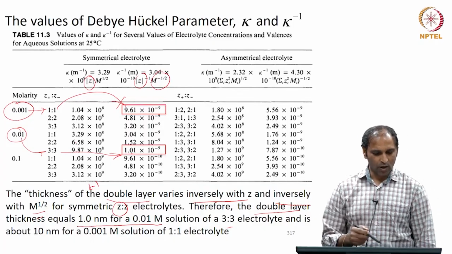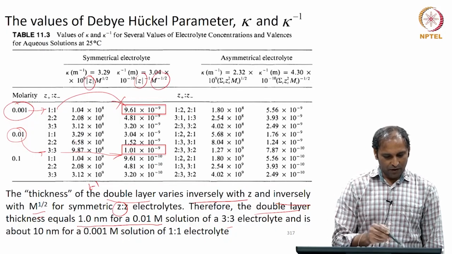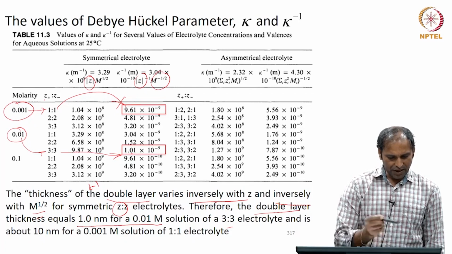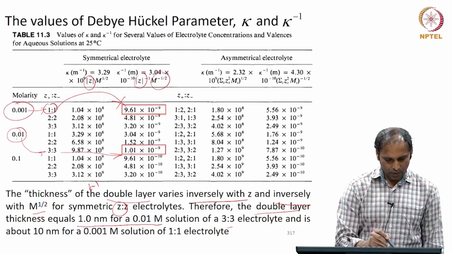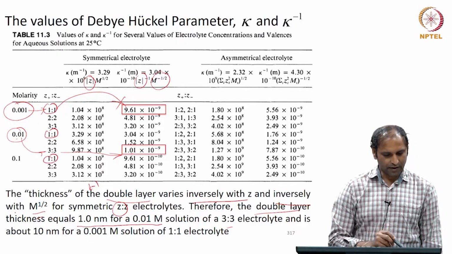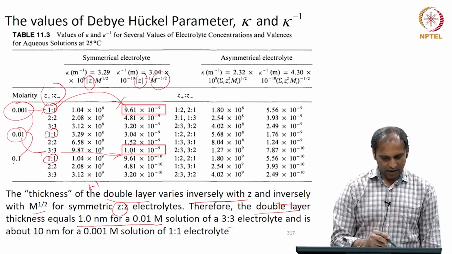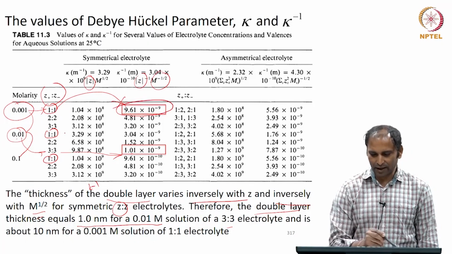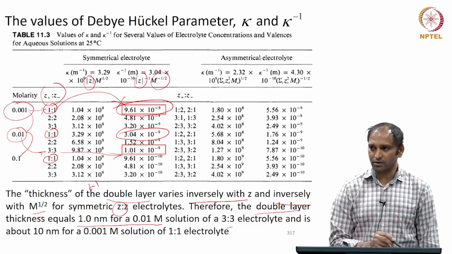So essentially what I am trying to tell is that if I compare 3 cases, 0.001, 0.01 and 0.1, let us stick to 1:1 electrolyte. I am keeping the same type of electrolyte, 1:1, but we are changing the concentration, right. Therefore, in one case the double layer thickness is about 10 nanometer, and I increase the salt concentration, the double layer thickness becomes 3 nanometer.